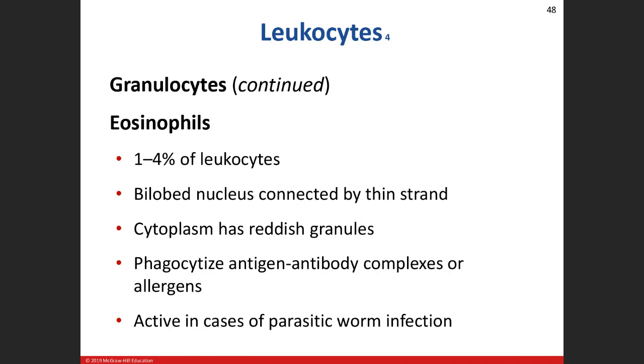Okay, the second type are the eosinophils. Eosin is a red staining dye that they use when they're doing histology slide preparations, and it has to do with the acidity, the pH, of the structures inside here. Again, this has a bilobed nucleus, except there's a little thin strand in between.